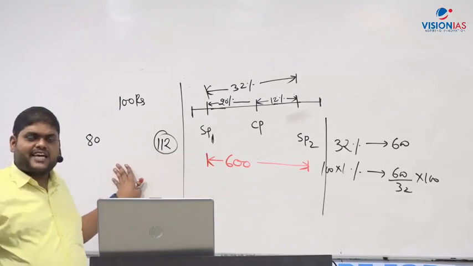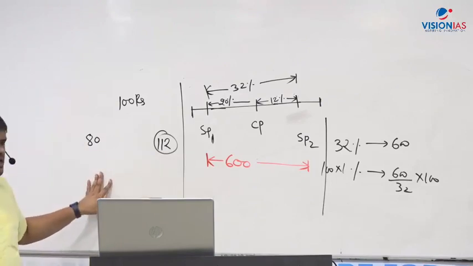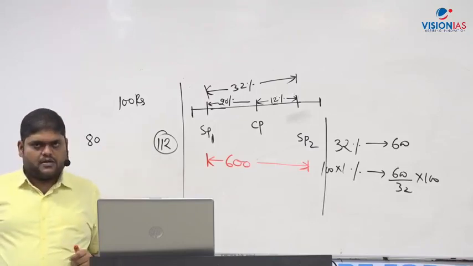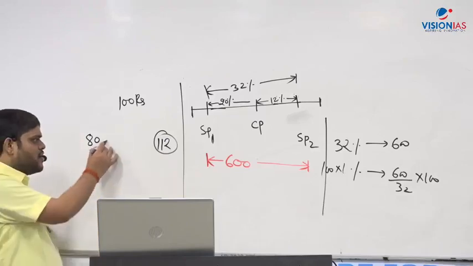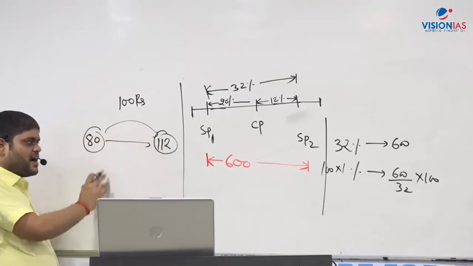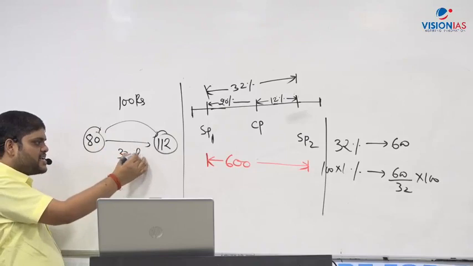After some distance I got a purse, and in that purse some rupees were there, and because of that now I have 112 rupees. Can you tell me how many rupees I got? You got 80 to 112, that means 12 here, 20 here, 32 rupees I got.